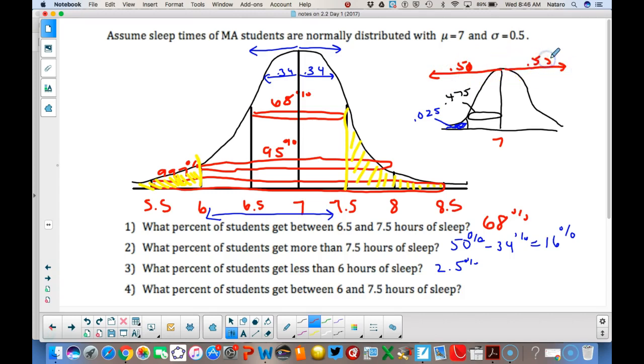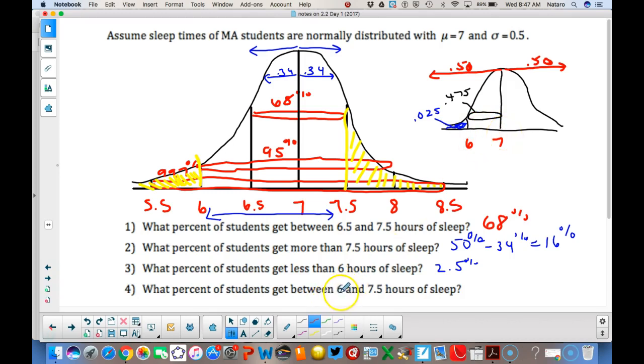So we can figure out that this is 47.5% by realizing that the area to the left of the mean is 50%, the area to the left of 2 standard deviations is 2.5%, and just subtracting 2.5% from 50%. So this would be the area between 2 standard deviations to the left of the mean and the mean.